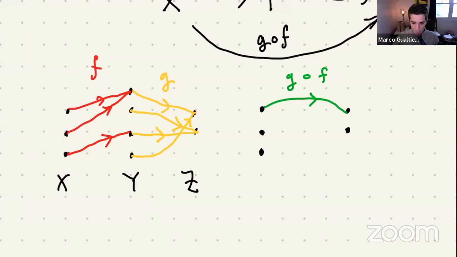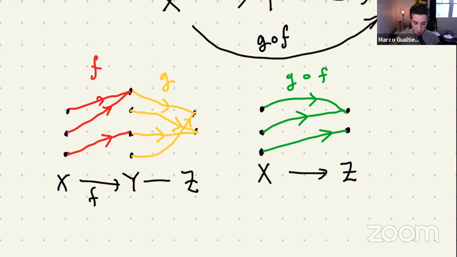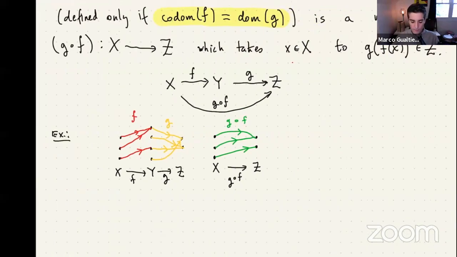So this also would be sent here. And finally, this point is sent here, and then by G to here. So we would get that this point is sent here. I hope it's clear, this is what I meant: X and Z. We have F, we have G, and then we have the composition of F and G, like this.